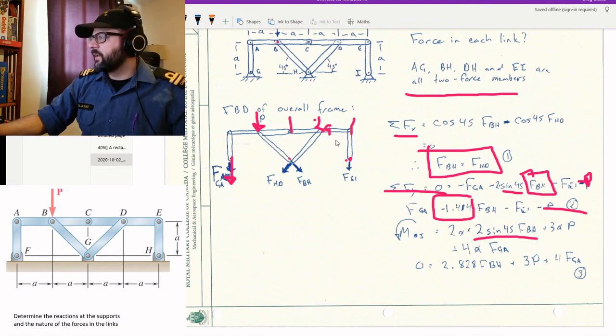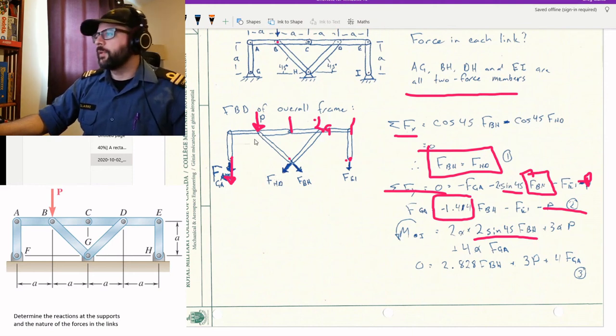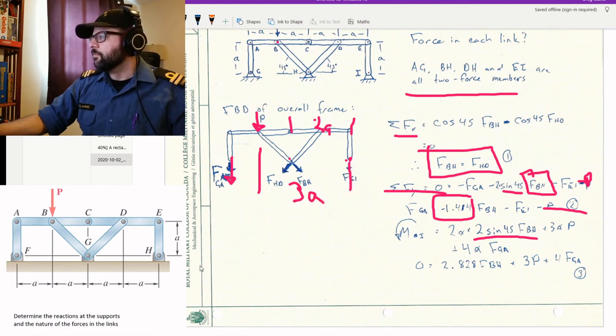It also got 3a times P, so again, same deal, negative force, negative displacement of 3a from here to here, and then just 4a from here to here, in order to give us our 4a FGA.